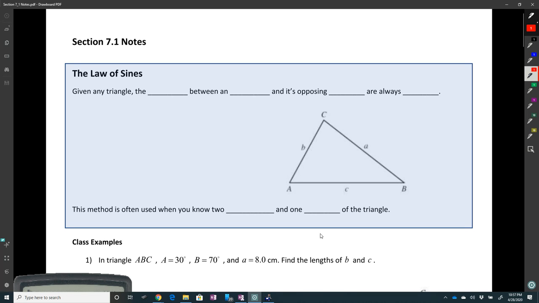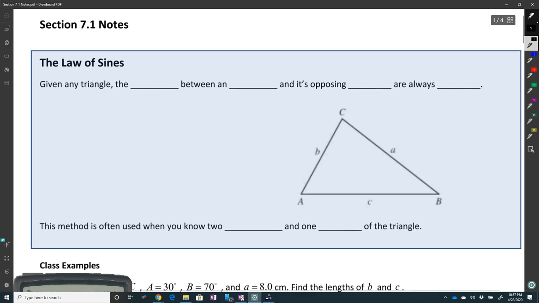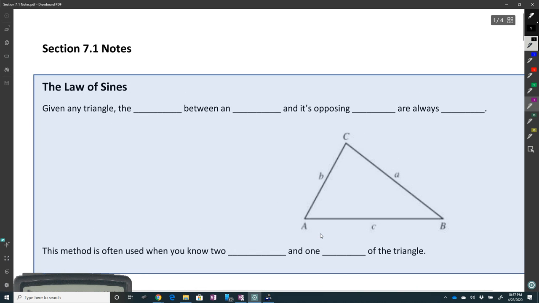I like this section. This is the law of sines, which is very important to physics. And this is also used a lot in calculus. Because in physics, you're going to be dealing with objects and forces.